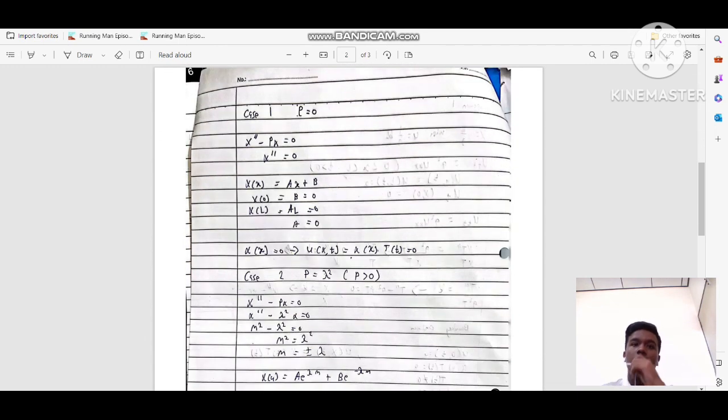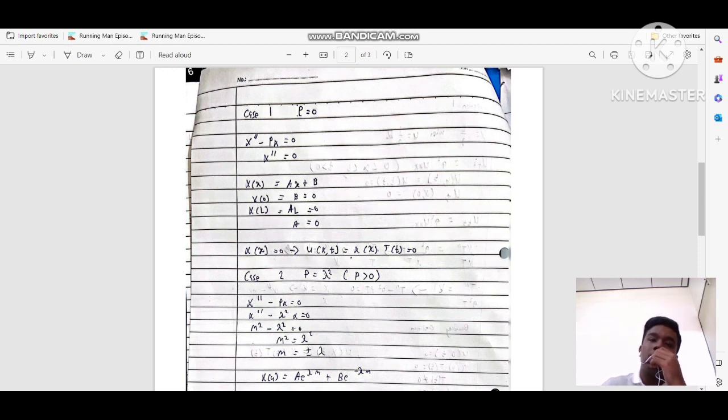Okay, next is our case 1. Case 1 is when p is equal to 0. Okay, so we take the equation X double prime minus pX is equal to 0 and then we just substitute it. So X(x) is equal to ax plus b. This is because of our real and distinct, real and repeated, and also complex conjugate cases. So this one for p equals 0 is for real and repeated.